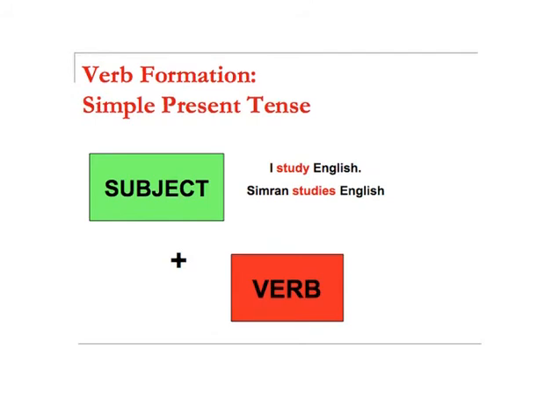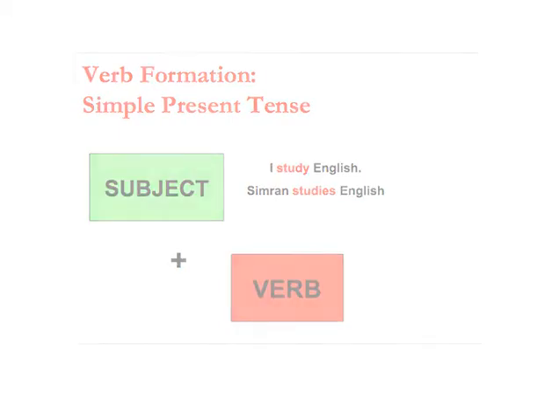Simran studies English. Now if I want to say I study English, I studies English nahi hoga. So don't forget to revise your verb forms. Uske bina you will not be able to form a correct sentence. Let's see some examples of verb formation for the simple present tense.